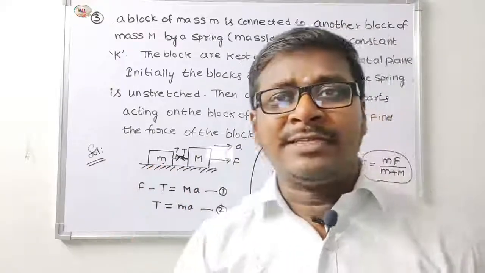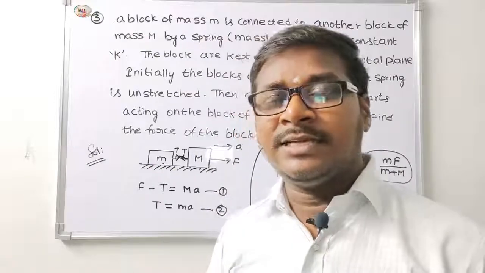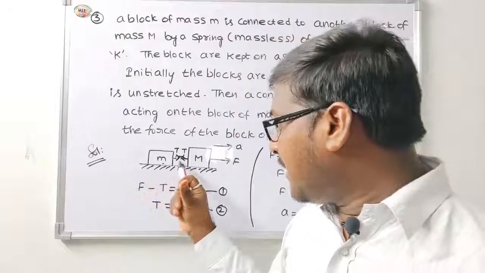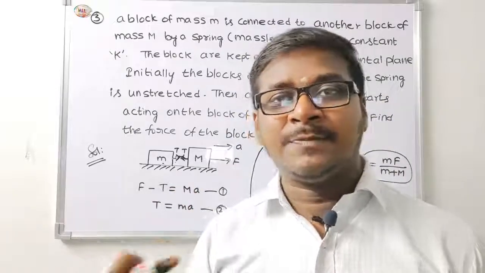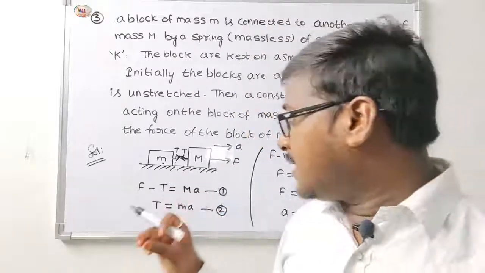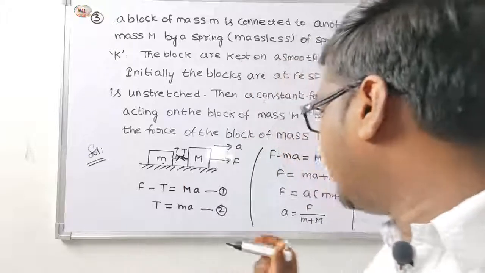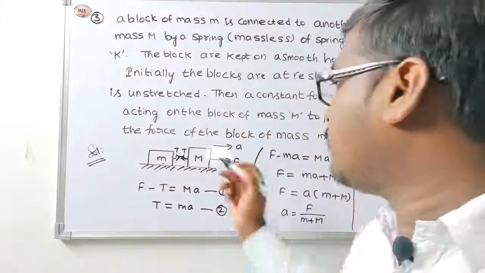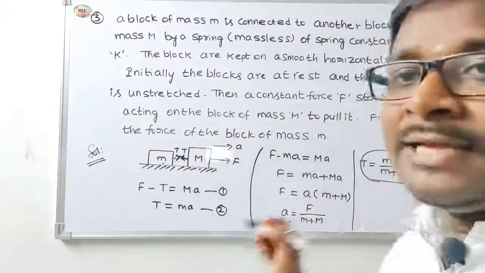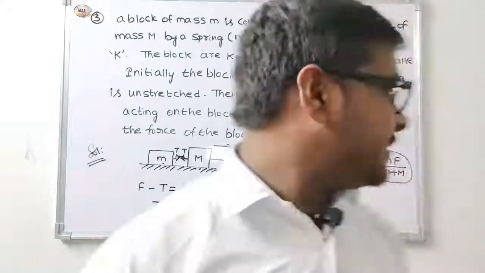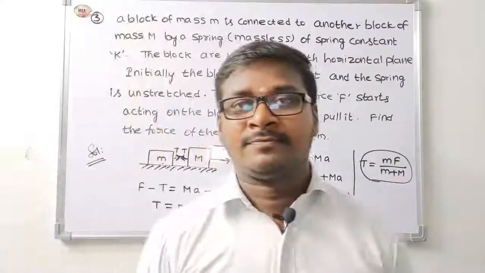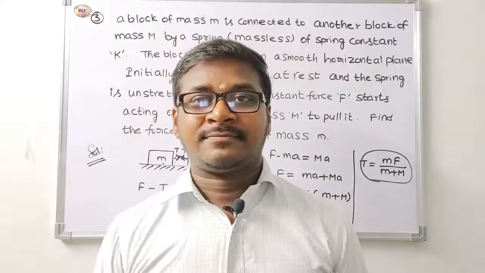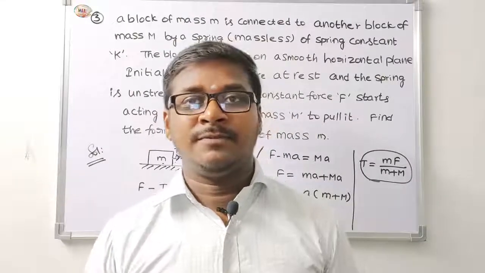What type of force is acting on it? The spring force, that is a tension force, because the spring is connected to the two blocks of masses small m and capital M. Then T is equal to mF by (M plus m). This is the third problem.